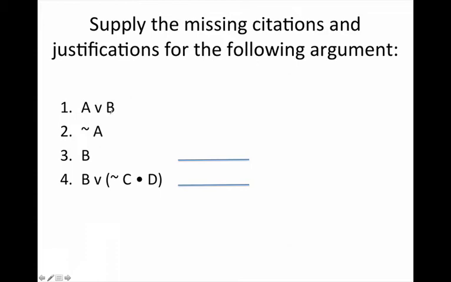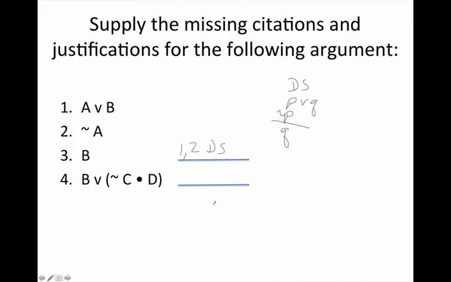So what you'll typically do, since your arguments, with the exception of simplification and addition, are two-line premise argument forms, is look at what you're given and then see if you can find a rule that maps onto the argument. So you'll notice that disjunctive syllogism has the same form as what you see in lines 1 and 2. So lines 1 and 2 by disjunctive syllogism give you line 3.